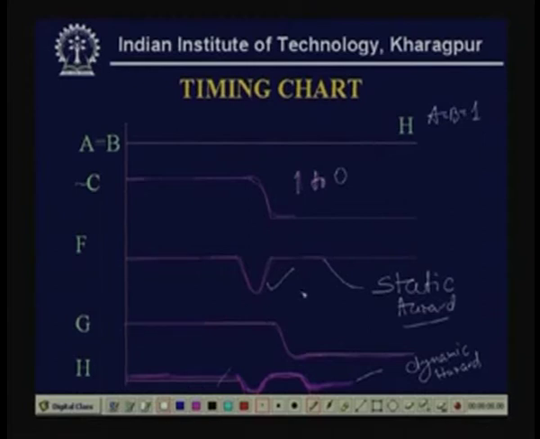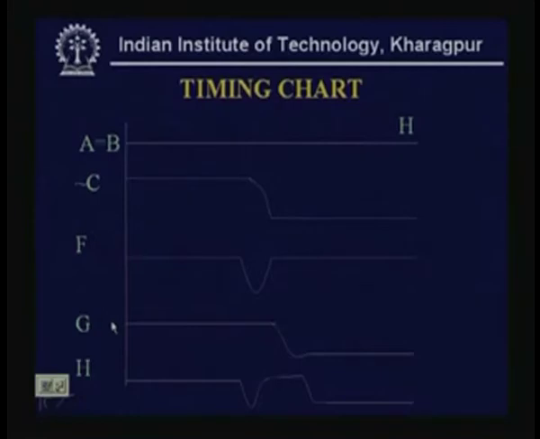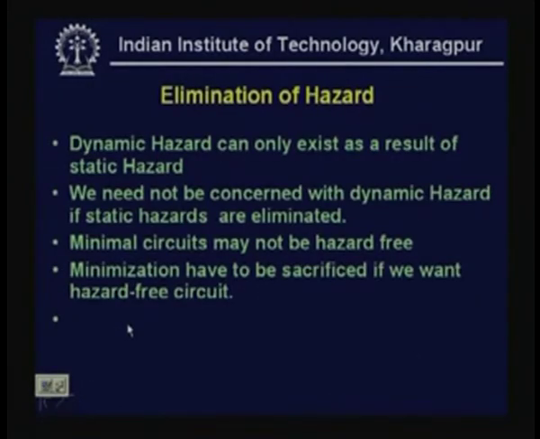So as the static hazards exist in the circuit, some more added hazards come with the static hazards, and this we are defining as the dynamic hazards. So dynamic hazards can only exist as a result of static hazards, and we need not be concerned with dynamic hazards if static hazards are eliminated.